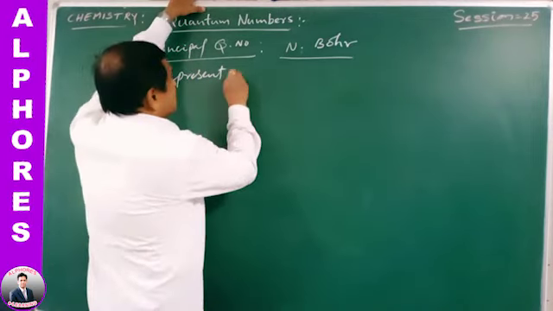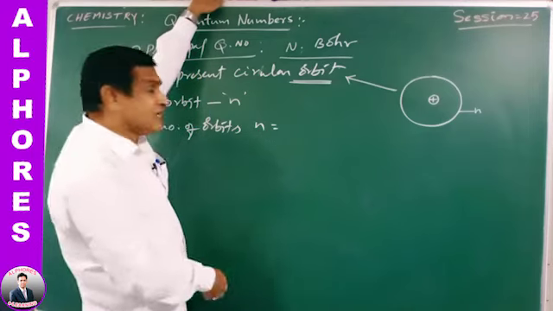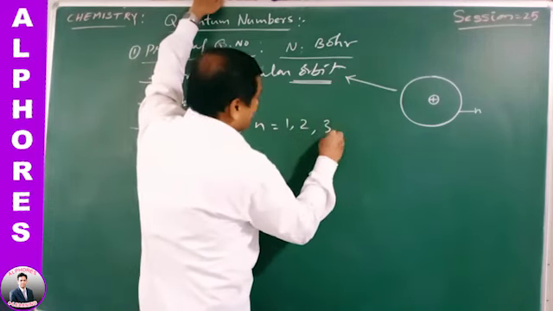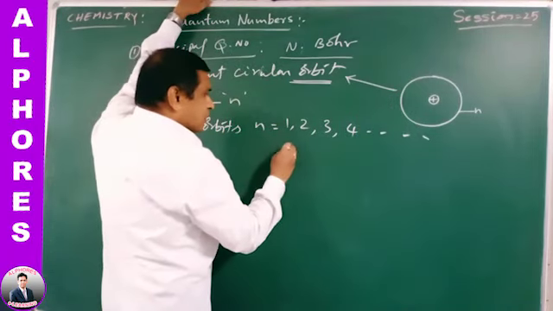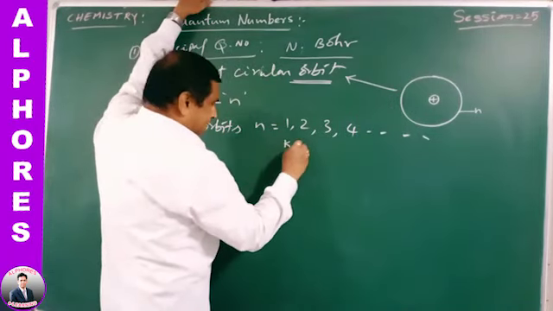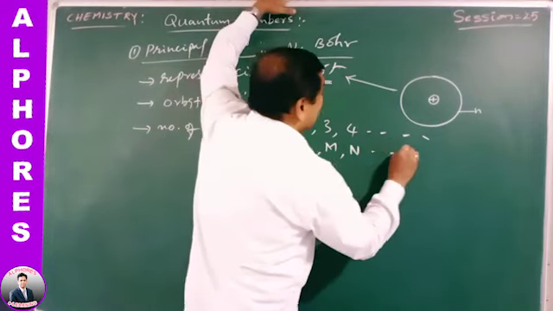Orbit is denoted by the symbol n. Next, the number of orbits 1, 2, 3, 4, 5, and so on are designated as K, L, M, N, O, P, Q shells.